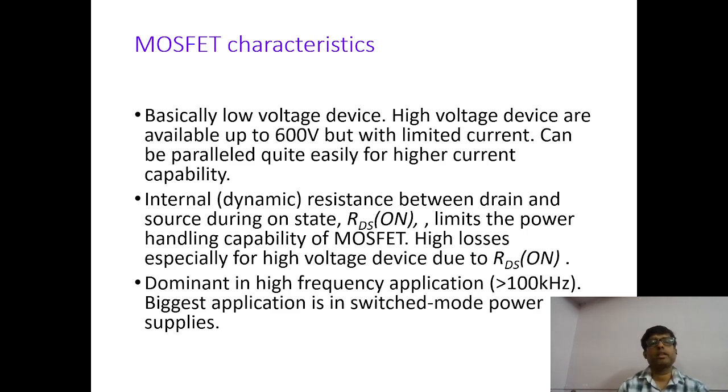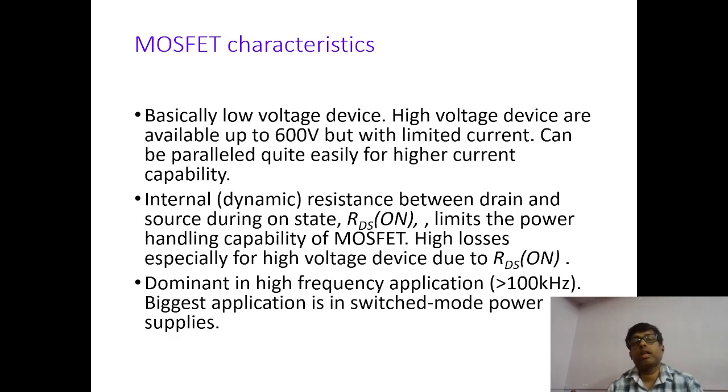So basically, these characteristics are of a low voltage device, as we know, and high voltage devices are available up to 600 volts, but with limited current, and can be paralleled quite easily for higher current capability.